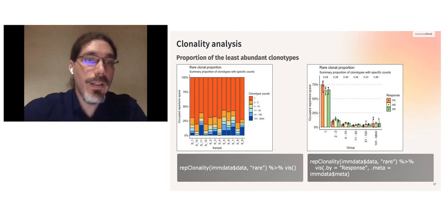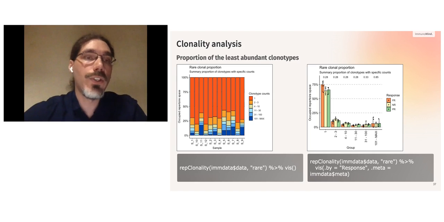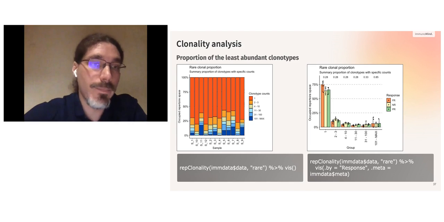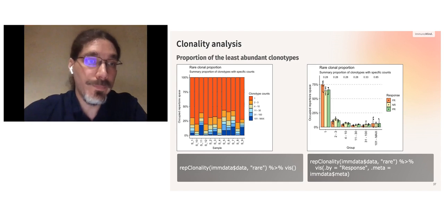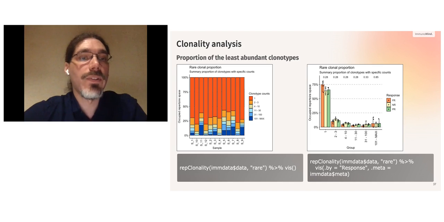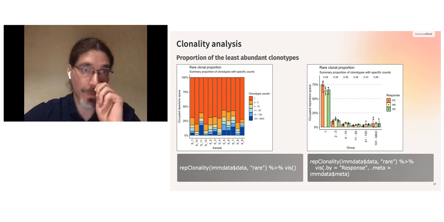The idea here is simple. Let's pool clonotypes not by indices, but by their clonotype counts. So let's pull together all the clonotypes which have only one count.